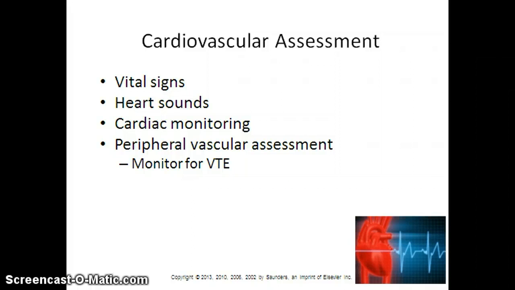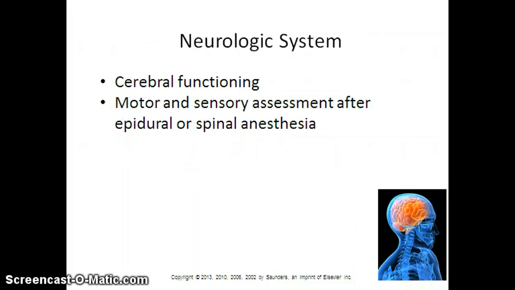So watch your cardiac monitor. If they're in a different rhythm than in the preoperative phase, we need to keep watching that. Listen to heart sounds, and make sure they're still regular if they were regular prior to surgery, and if they were irregular, make sure that's a consistent finding.